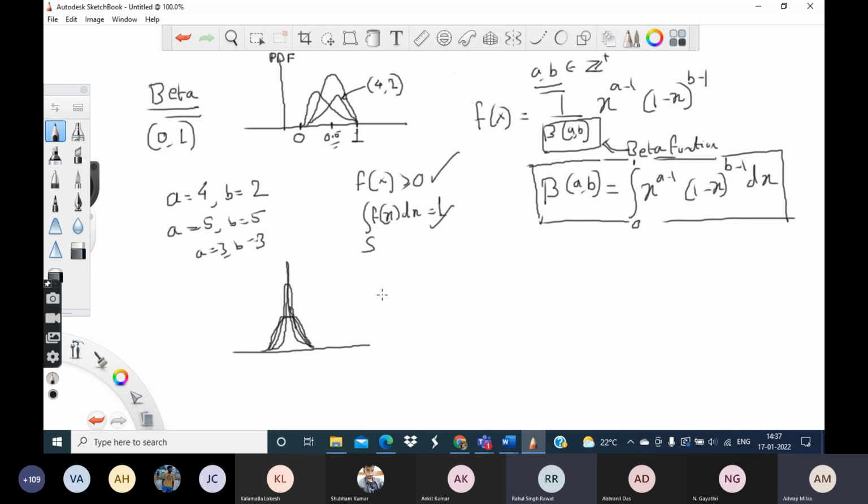At the extreme case, we will see a peak at exactly 0.5, which is infinitely tall, but it is just at 0.5. That is achieved as a and b tend to infinity. But for small values, we will see a flat kind of thing.